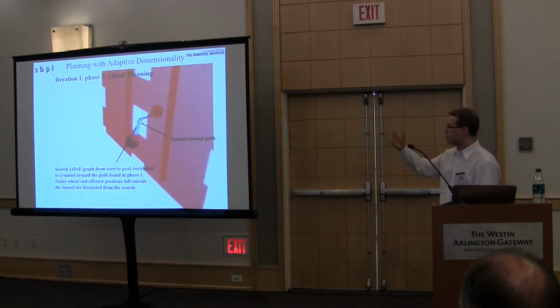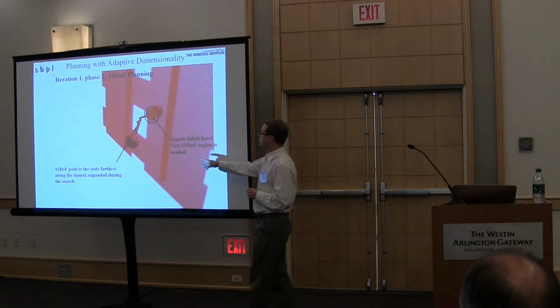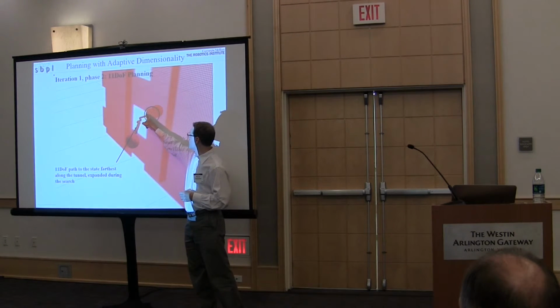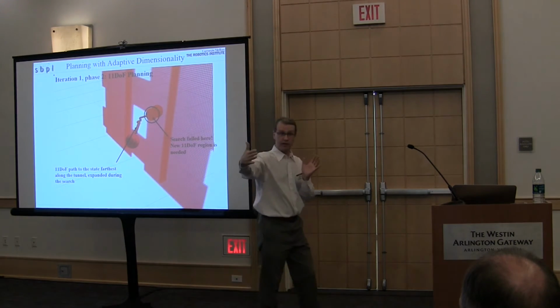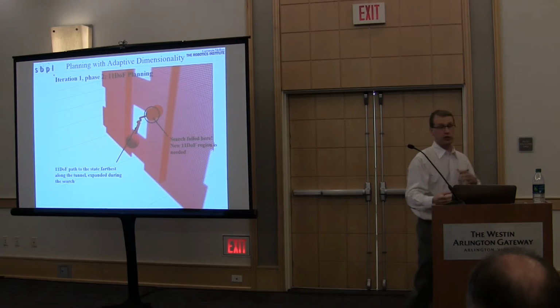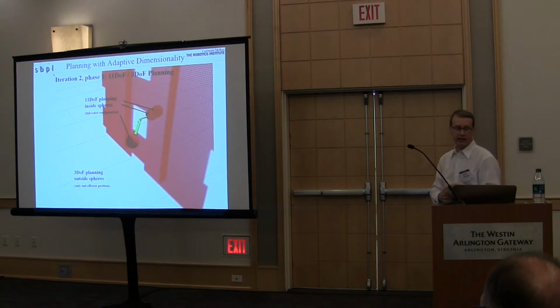And then, obviously, you run into a problem where the search gets stuck, and particularly the search fails over here. The tunnel proceeds and finds the path all the way up to that point, and at the point where it fails to find the path forward, that's where you introduce the 11-dimensional sphere, and you re-search the hybrid graph.